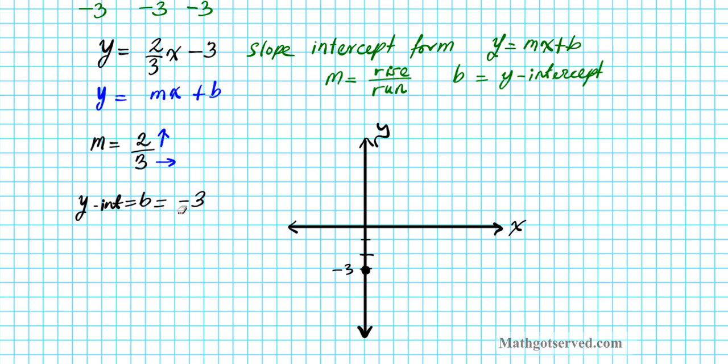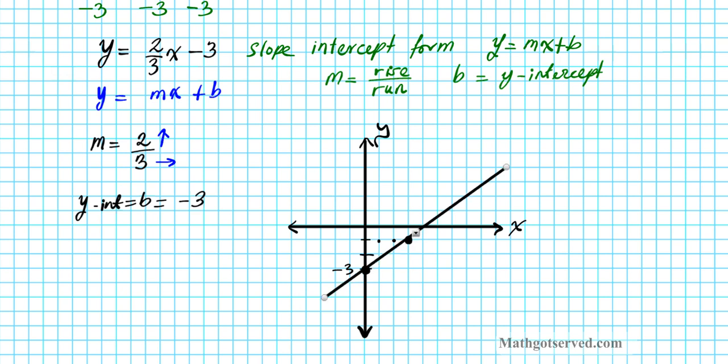Now, to get the next point that defines our line, we have to rise 2 units, 1, 2, and run 1, 2, 3. Rise 2, run 3, that gives us the next point. So this is the line that has the equation that is given earlier. Okay, so there you have it.